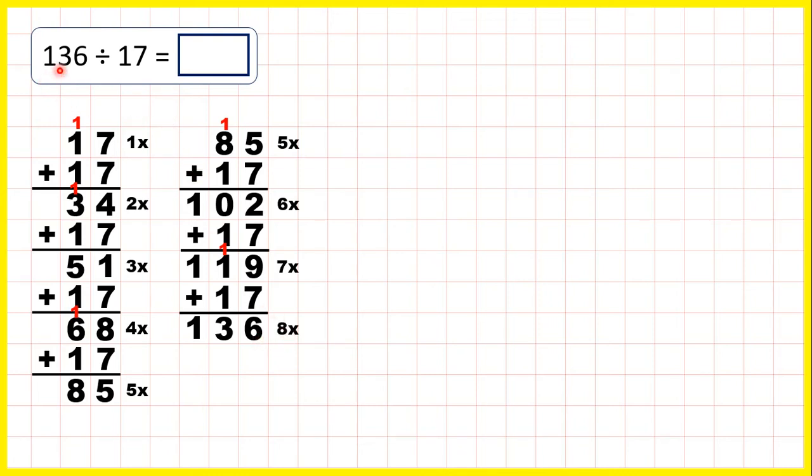So that means 136 divided by 17 must be 8.